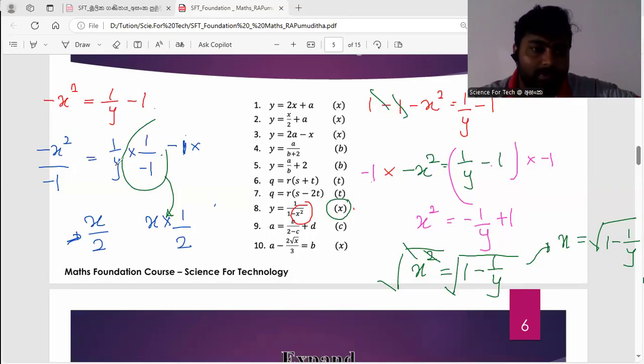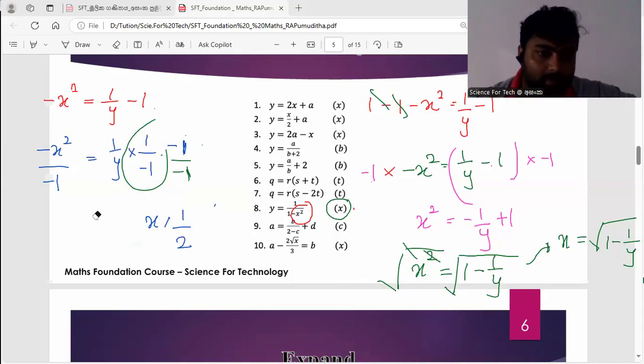That's why I told you if you divide or if you multiply, the answer is the same. Then here it is minus 1. Then I can easily divide this by minus 1.